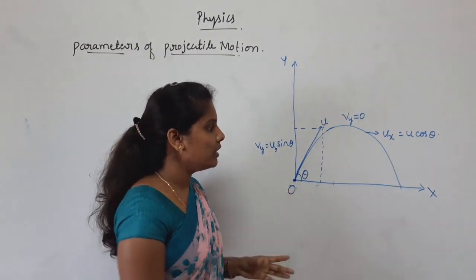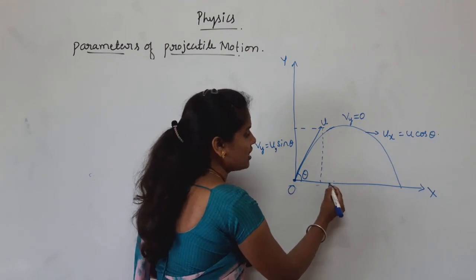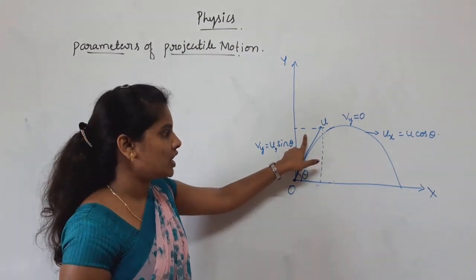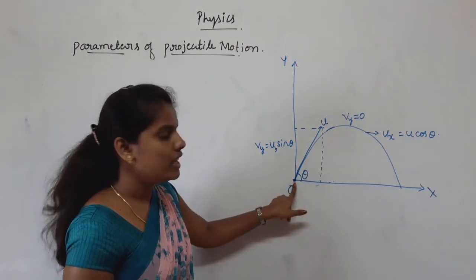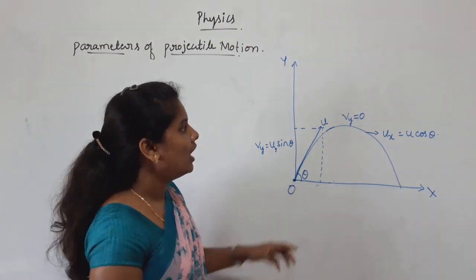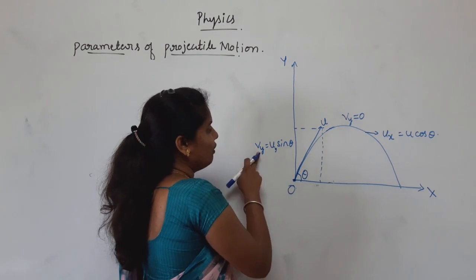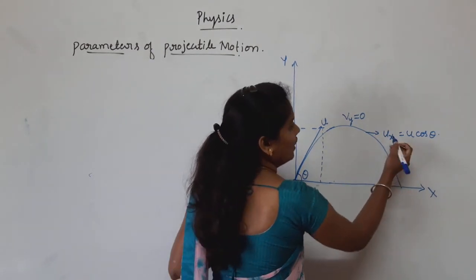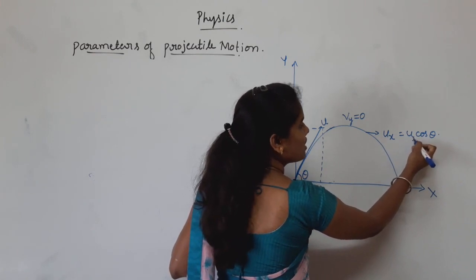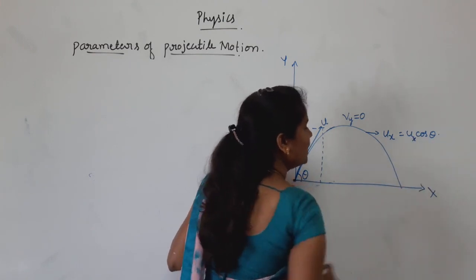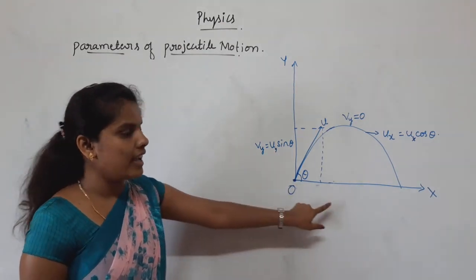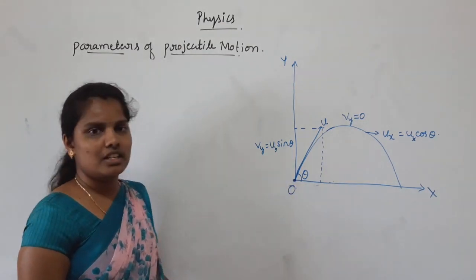The terminologies in this diagram: U is the velocity of the projectile, O is the point of projection, and Uy equals U sin theta, and Ux equals U cos theta. These are the components of U along the x-axis and y-axis.